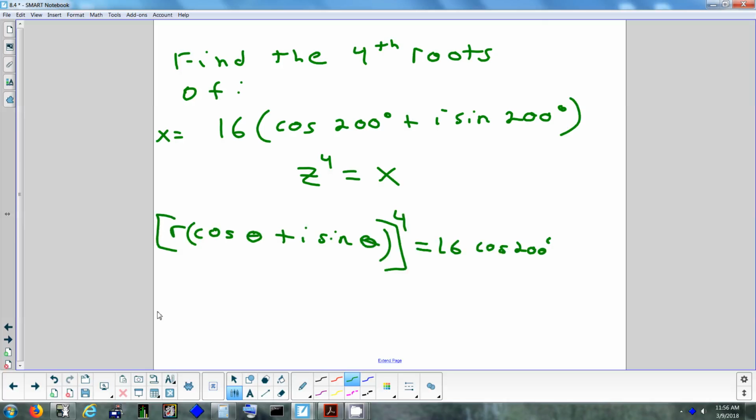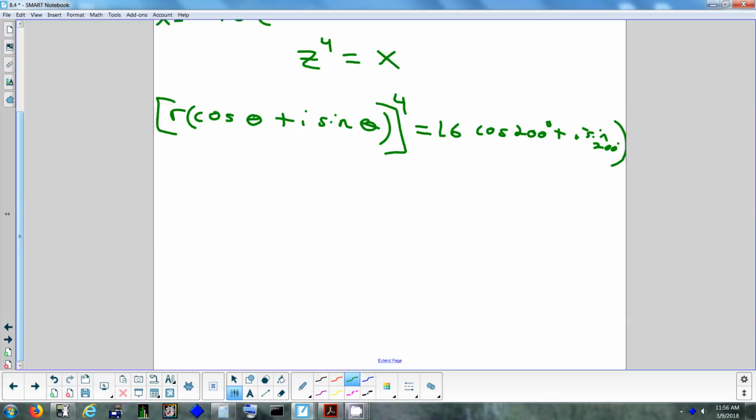16 cosine 200 plus i sine 200. How do I do out the left-hand side? What's the first thing I do? r to the 4th, cosine 4 times theta.